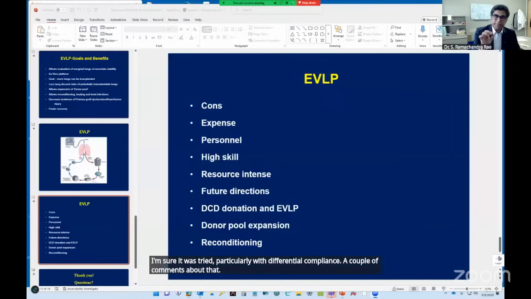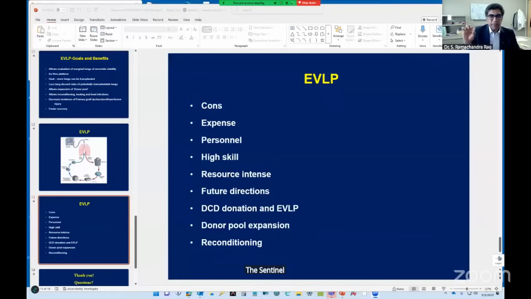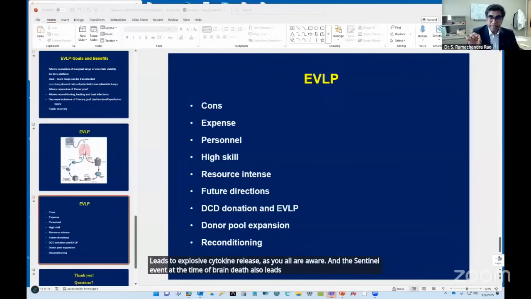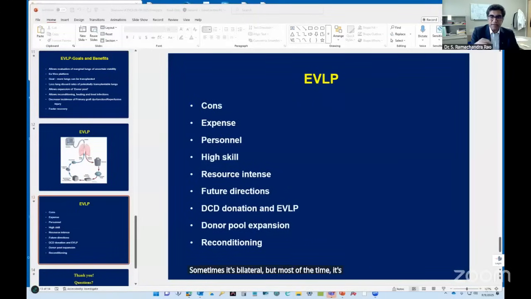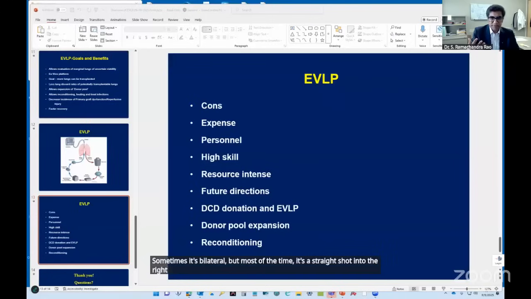It's a great question. The sentinel event that leads to brain death of the donor leads to explosive cytokine release, as you are all aware. It also leads to a certain amount of aspiration. Sometimes it's bilateral, but most of the time it's a straight shot into the right dependent lung zones.